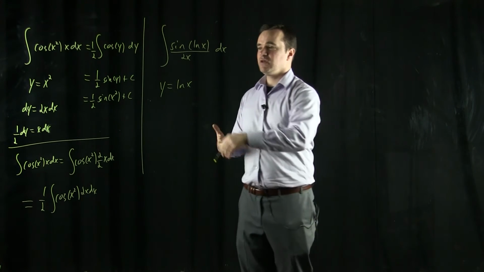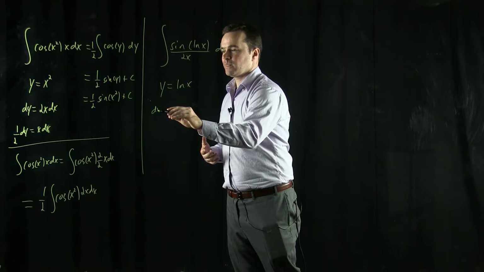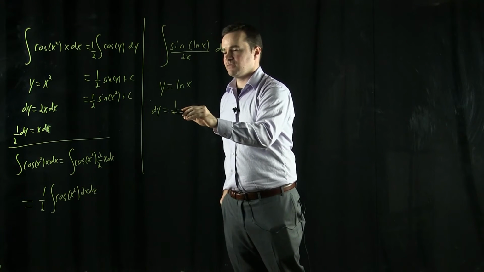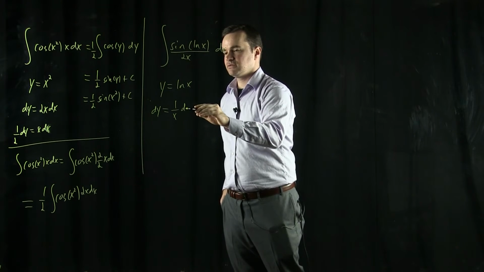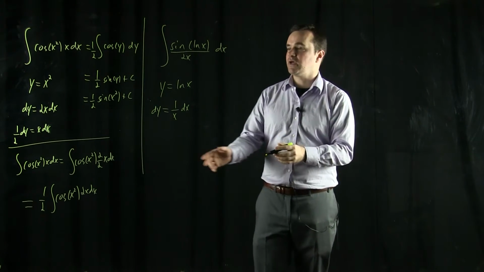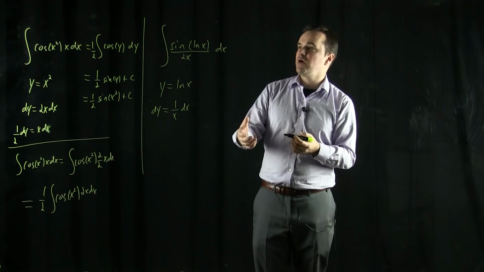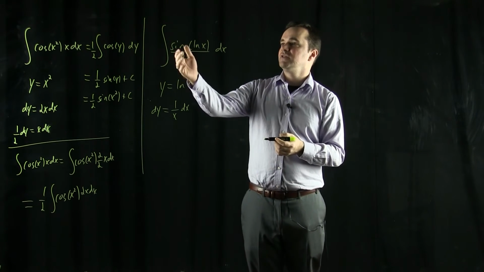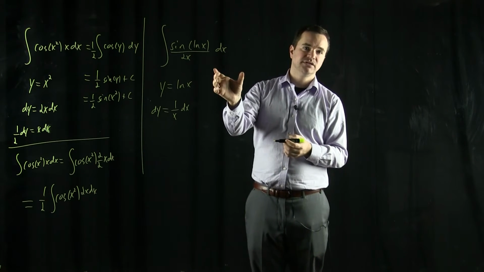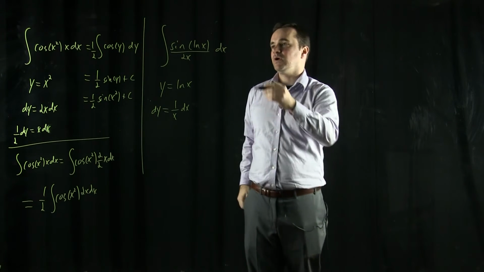Then I'm just going to follow my nose. What's dy? dy is always going to be the derivative of natural log of x, that's 1/x times dx. Then I can start doing my substitution. I recognize 1/x dx. Where is that in the problem? This is sine natural log of x over 2 times 1/x dx, if you want to think of it that way.